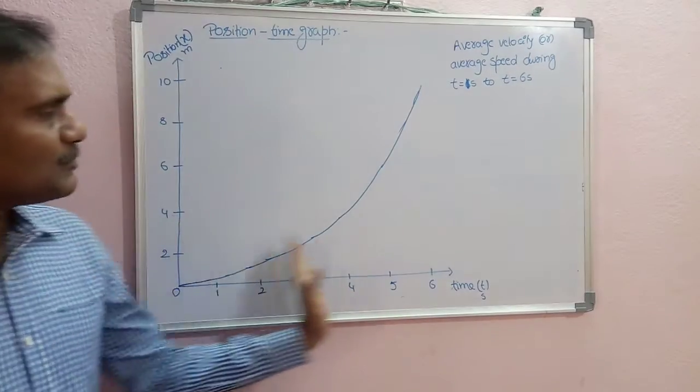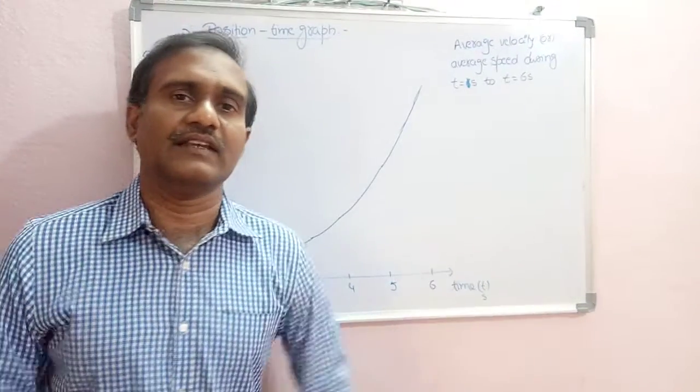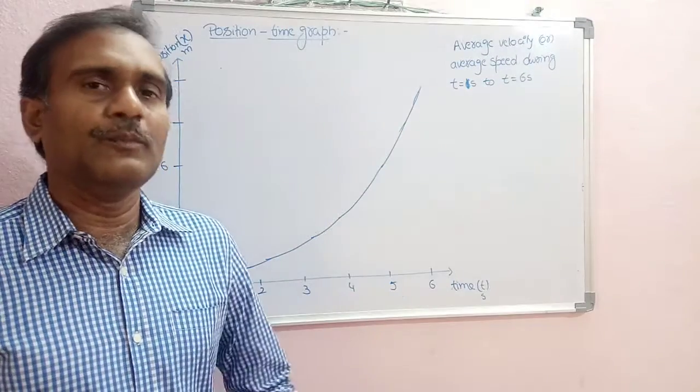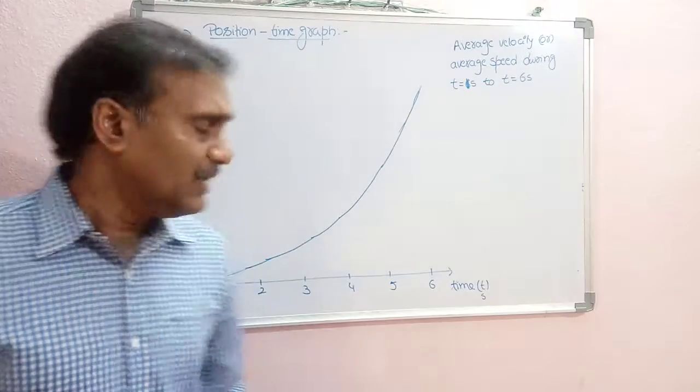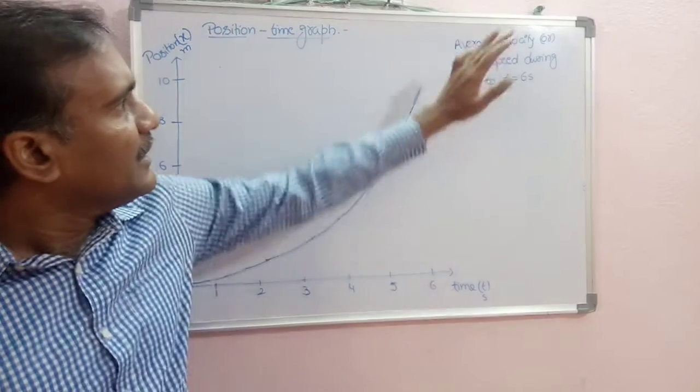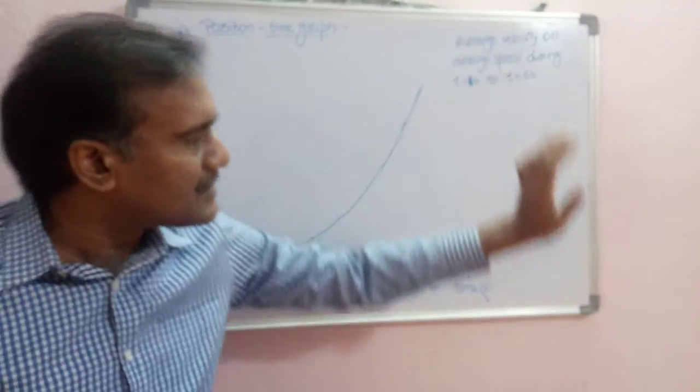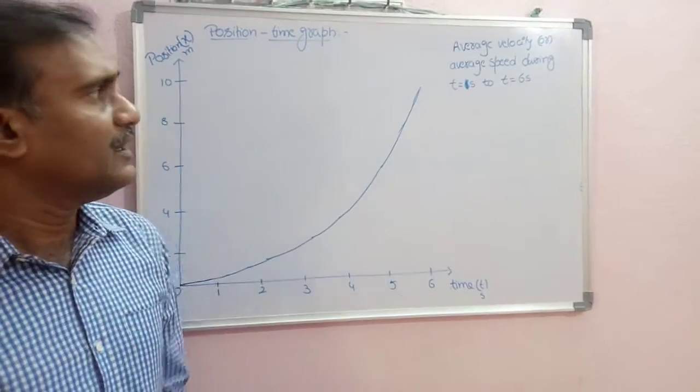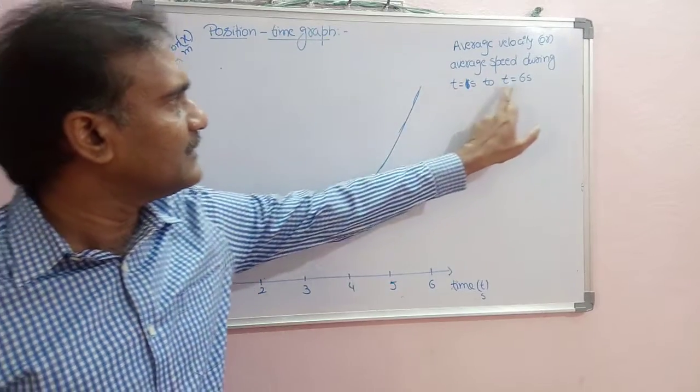Because here the body is moving along the same straight line. When we plot the graph for that motion, it gives a curve. Thus, here the magnitude of average velocity is equal to the average speed that we want to calculate during this time interval.